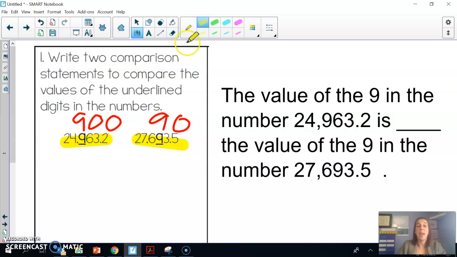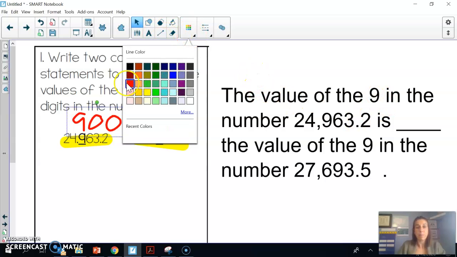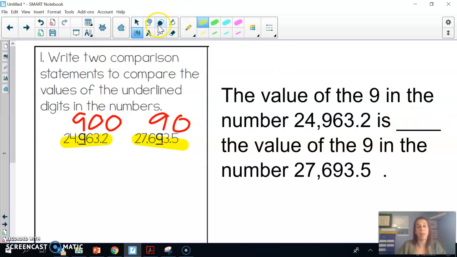It is 10 times bigger than the 9 in 90. Let me say that again. The value of the 9 in the number 24,963 and 2/10 is 10 times the value of the 9 in 90. So I would write that in to my comparison statement. I would write 10 times.